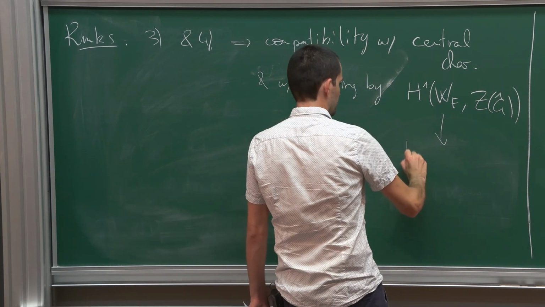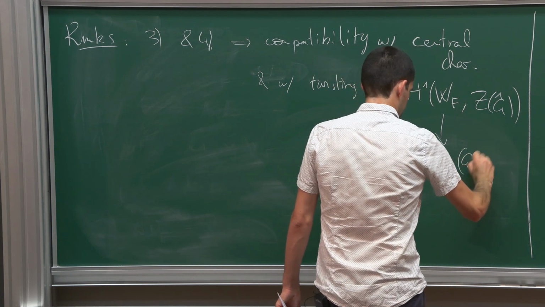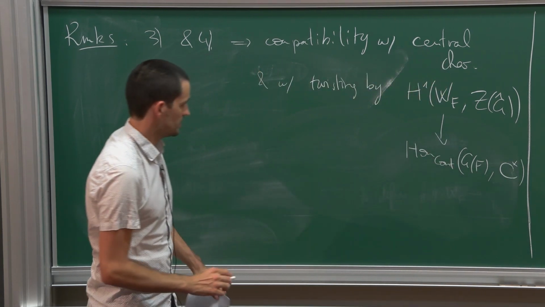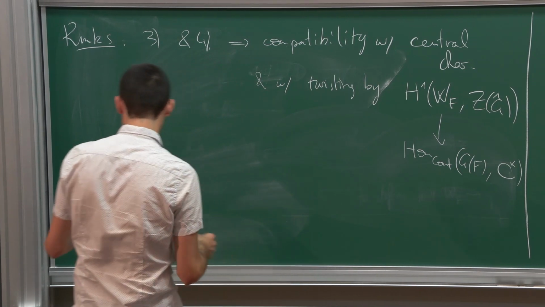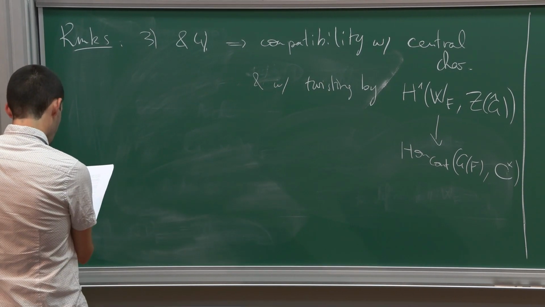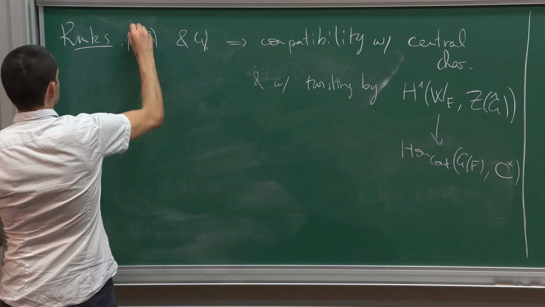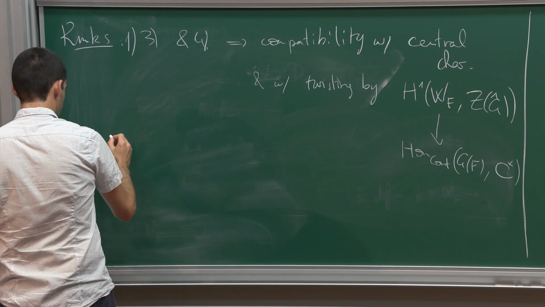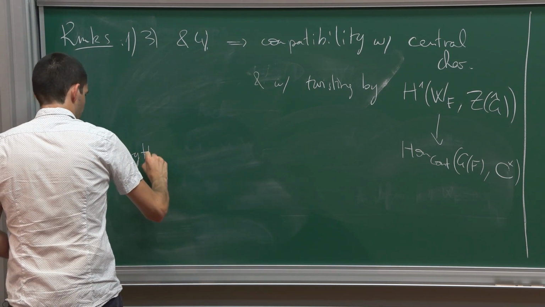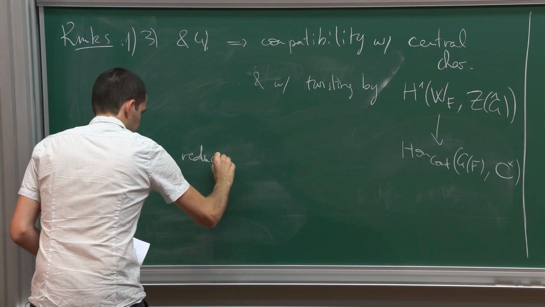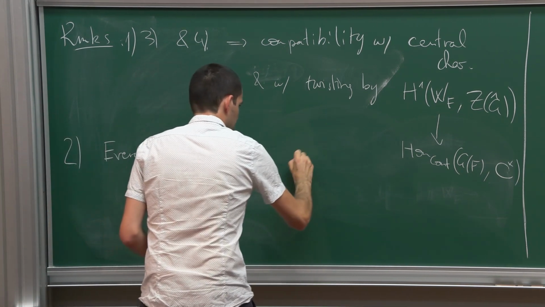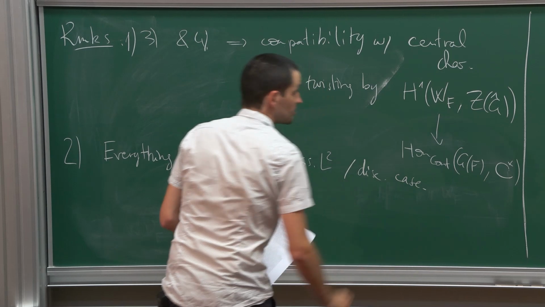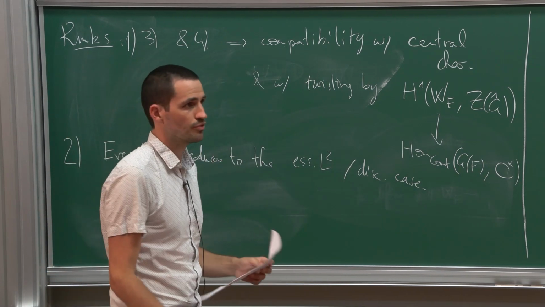So there's a natural map from this to this that Langlands constructed. So that's maybe one. Two is that everything reduces to the essentially L2, discrete case. We have the same kind of reductions on both sides.